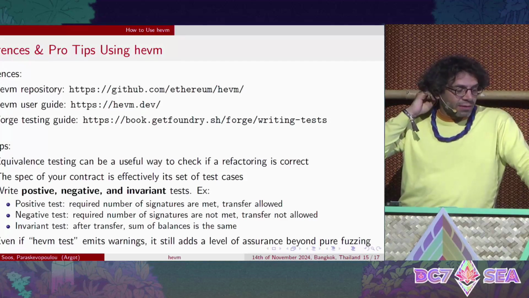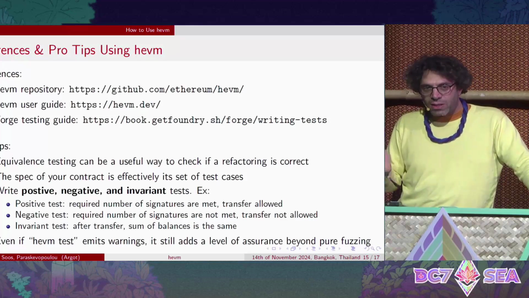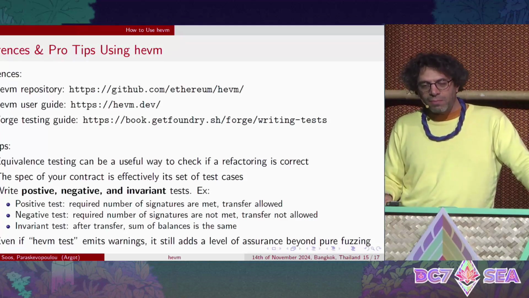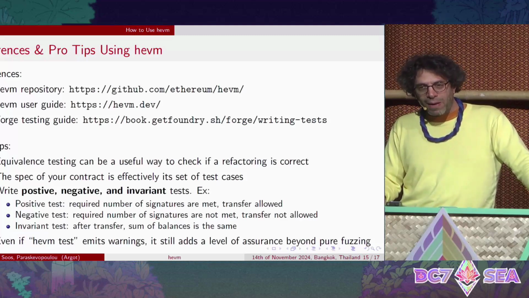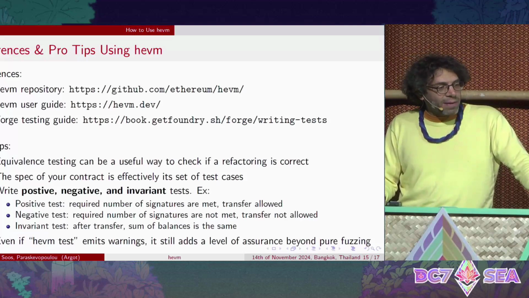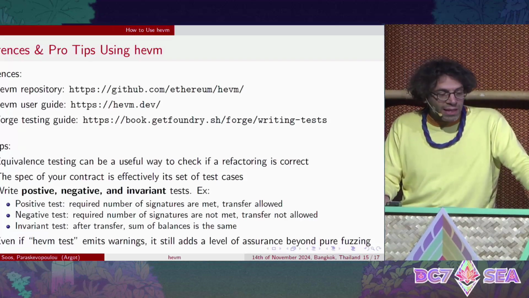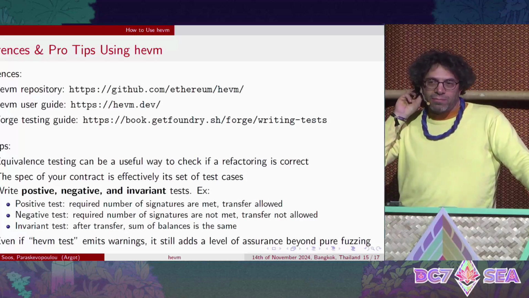For example, a positive test is what we expect: in a normal situation, you type in the password and the password is correct and you're logged in. If you type in the wrong password, you're not logged in. An invariant in the space of a blockchain would be that after a transfer, the sum of balances is the same, right?